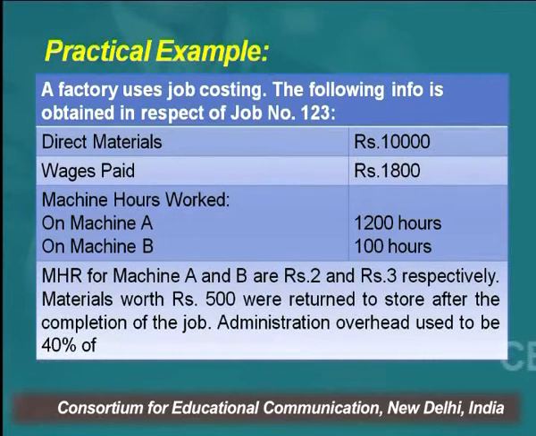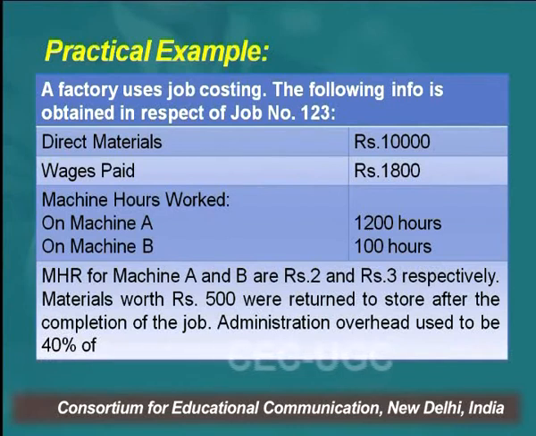Means if a machine works for 1 hour, 2 rupees are the expenses being incurred, right. If the machine hour rate for machine B is 3 rupees, it means that for every hour machine B works, the cost is rupees 3 per hour, right.